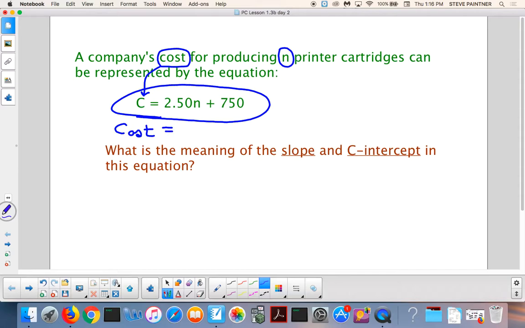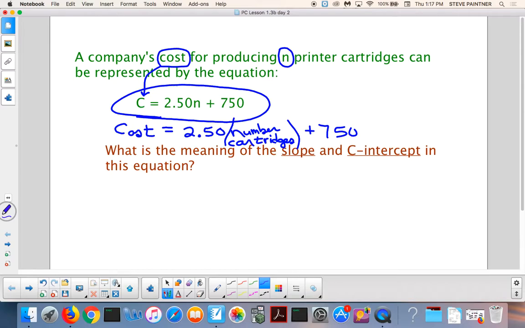It's the cost for a company, and the company is being charged $2.50 times what? N. N stands for what? Number of cartridges. So I'll just put number of cartridges. Okay. Like that. Plus what? $7.50. Okay. Doesn't this look like yesterday?